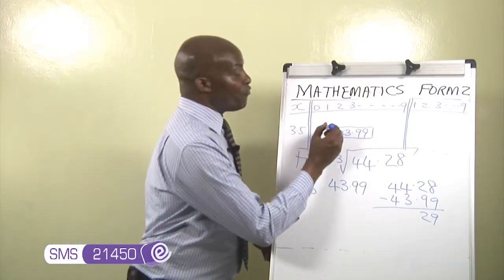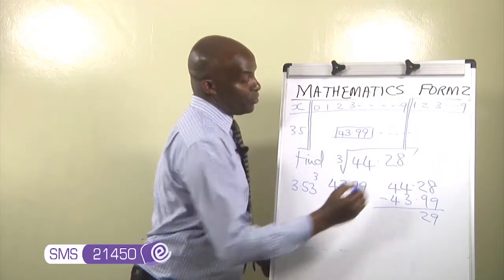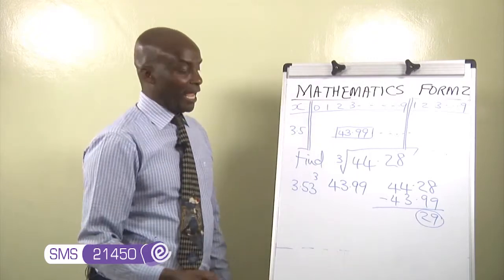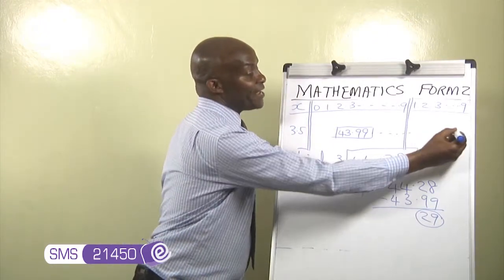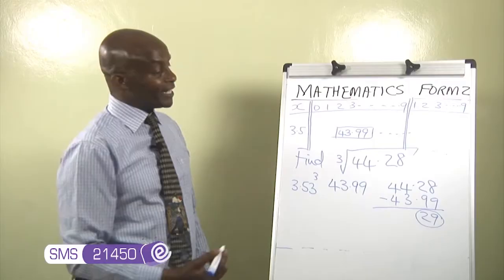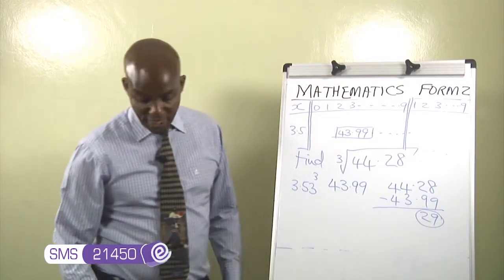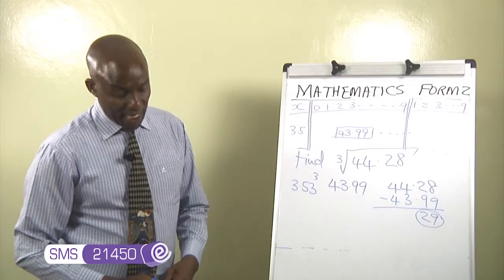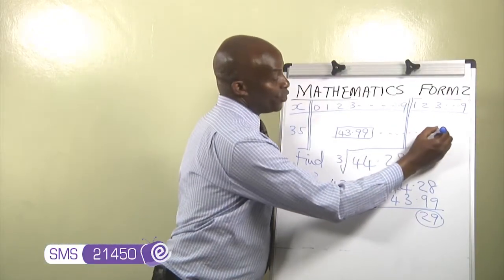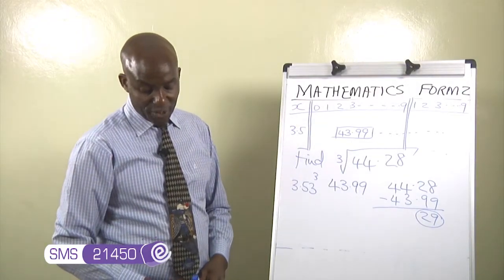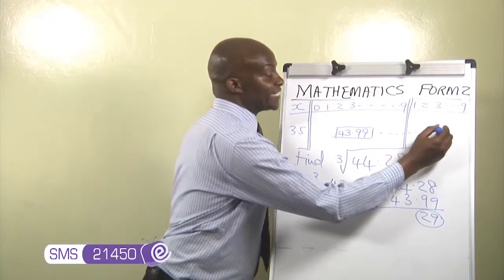So we still move along that row. We are looking for 29, and we have to find it under the minor columns. So our task here is to find under which column do we find 29. If you do that, there is no 29, so you look for the next one which is closest to that, and that is 30.